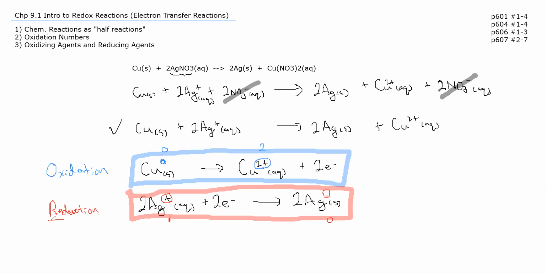And henceforth, a reduction and an oxidation together create a redox reaction. So with one example, I was able to cover half reactions. I simply talked about oxidation numbers, and that's simply what this is, and oxidizing agents and reducing agents.